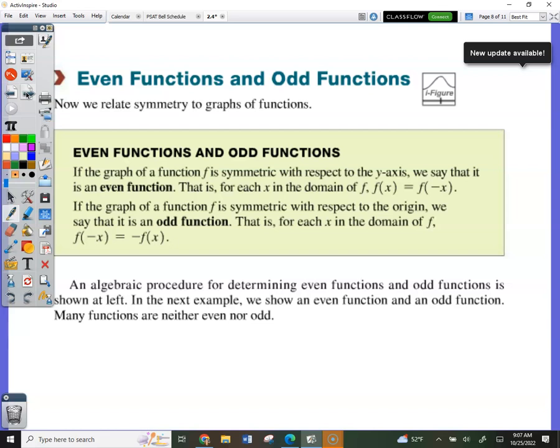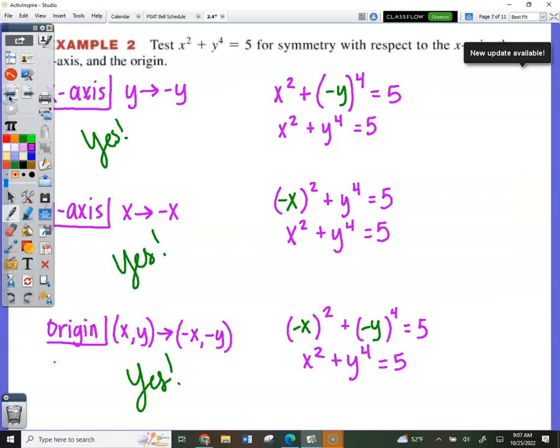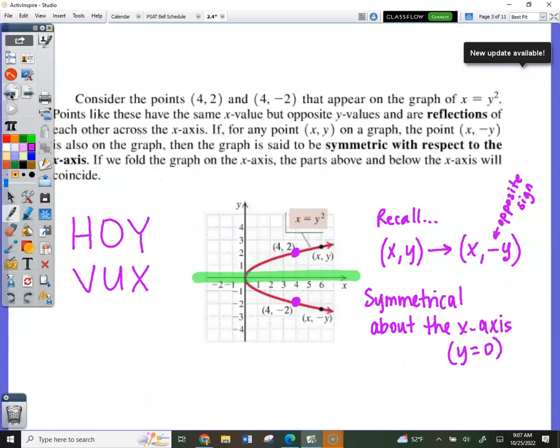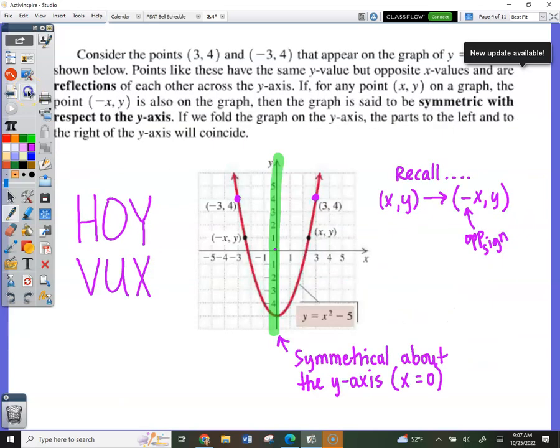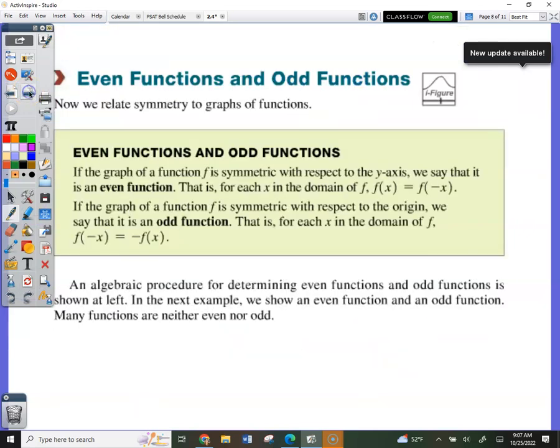Now we're looking at the words even and odd in terms of symmetry. Let's take some notes here. All of these here were plain equations, right? If you look back at all of the examples we've done, it was y equals something, correct? And you even said, how can you have symmetry over the x-axis, right?